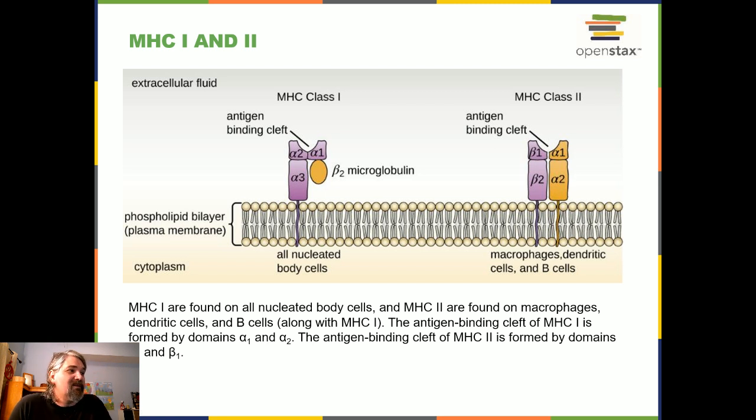Class 2 is similar in its antigen binding cleft, except you have an alpha-1, beta-1 forming the binding region, and a couple of transmembrane domains. So domains alpha-1, alpha-2 for class 1, and alpha-1, beta-1 for MHC class 2.